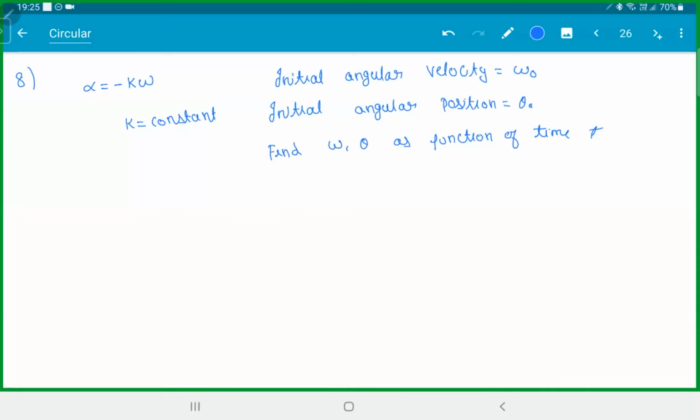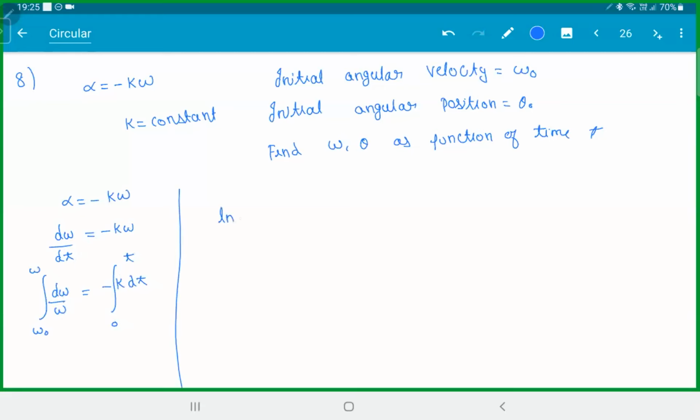Let's see. So alpha is minus k omega. This can be written as d omega by dt. D omega by omega is minus k dt. Integrate on both sides, from omega naught to omega and 0 to t.